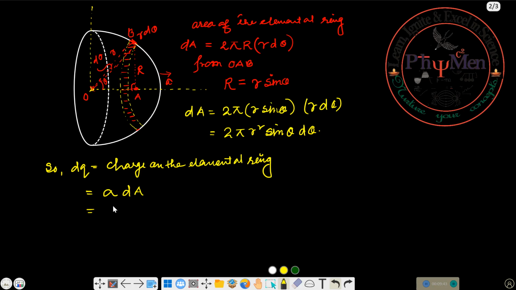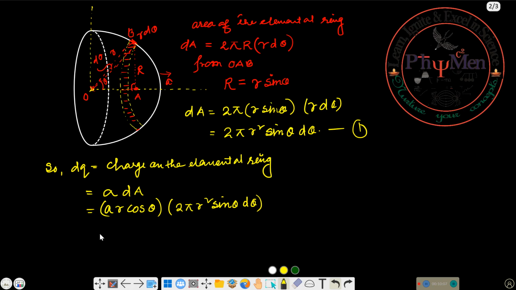And for this part sigma was positive, and it is a r cos theta, into dA. dA is this one from equation number 1, so we can put it here, 2 pi r square sin theta d theta.